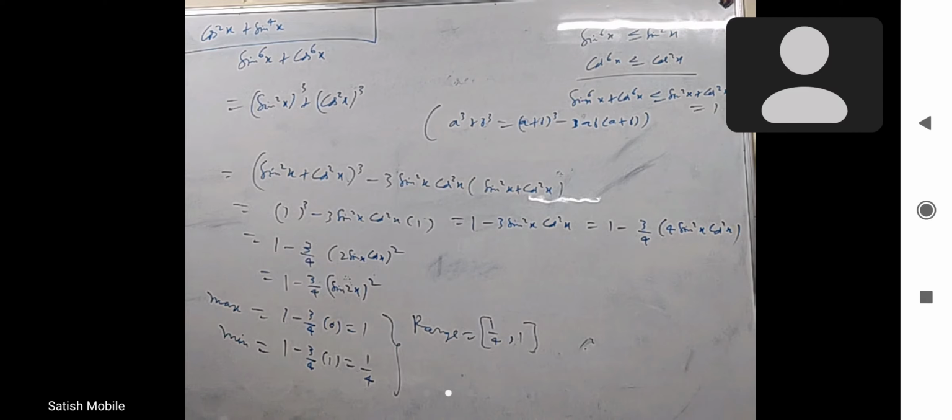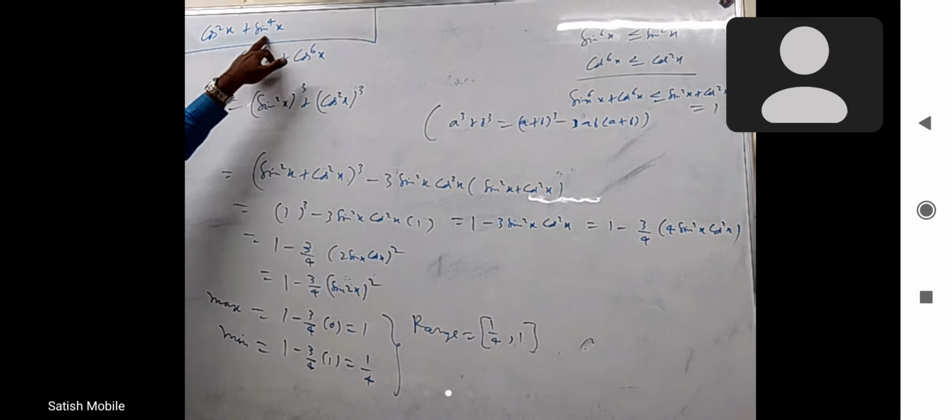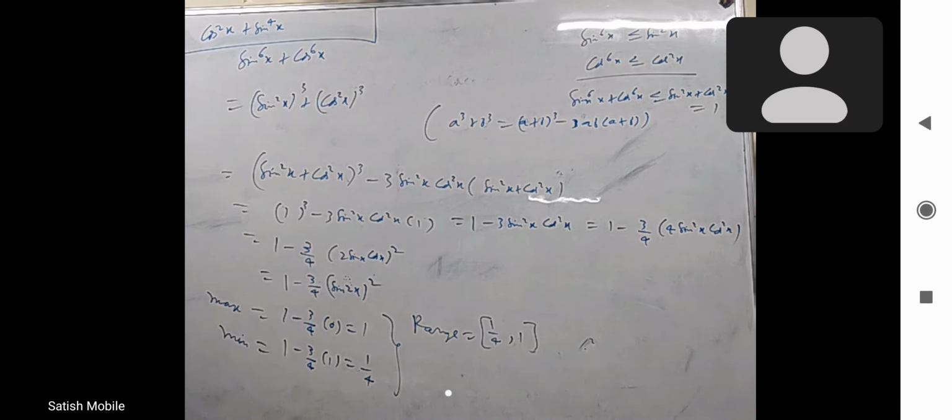The maximum is 1, the minimum 3 by 4. For maximum we can use the same logic and say 1, because this is less than or equal to sin square x, and add cos square x on both sides. Minimum is 3 by 4 again.